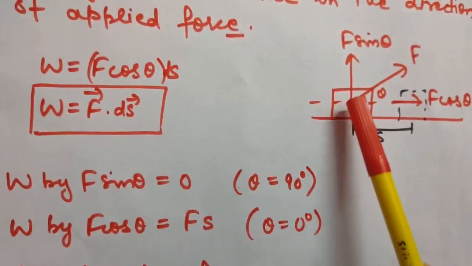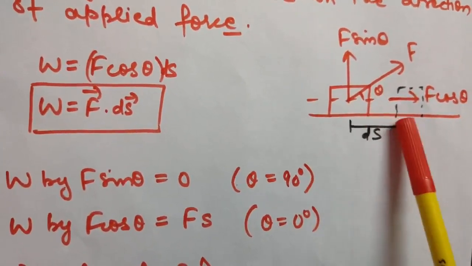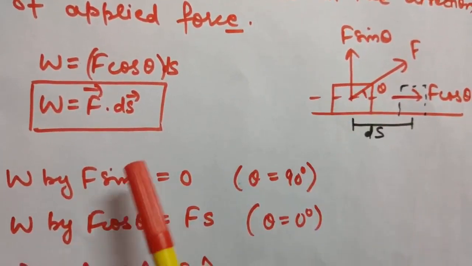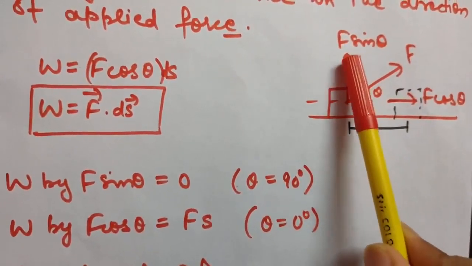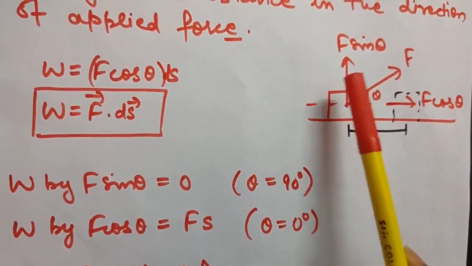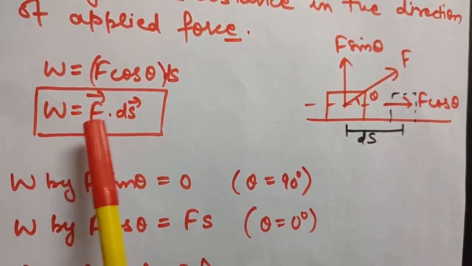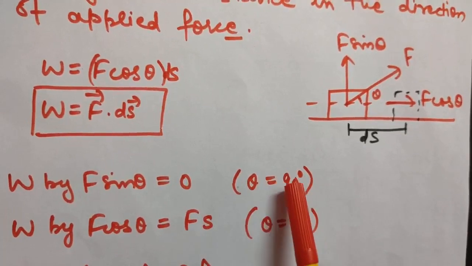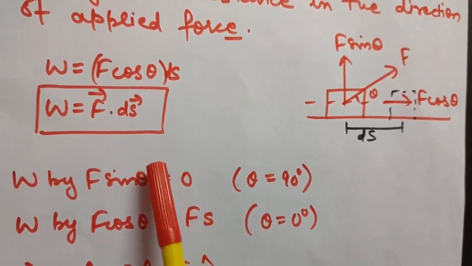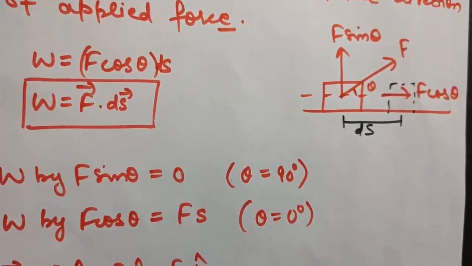That means the angle between force and displacement is 90 degrees because we are talking about F sin theta only, not F. So the angle between this force and displacement is 90 degrees. Now a dot b is ab cos theta, and as you know cos 90 is 0. So therefore work done by this force will come to be 0.